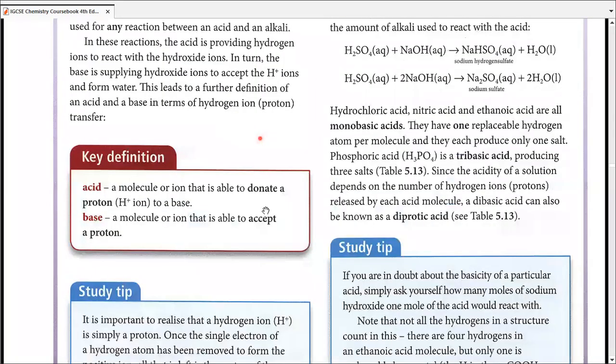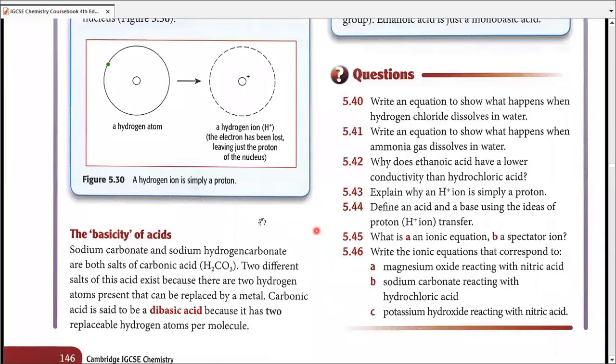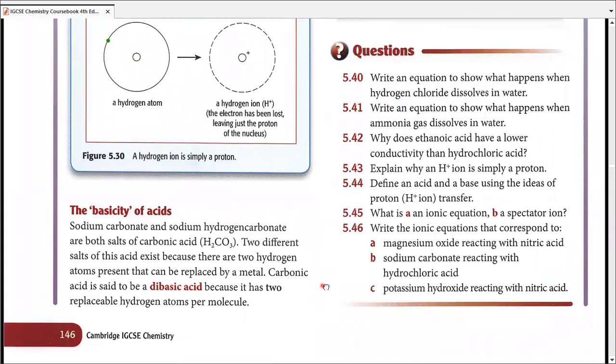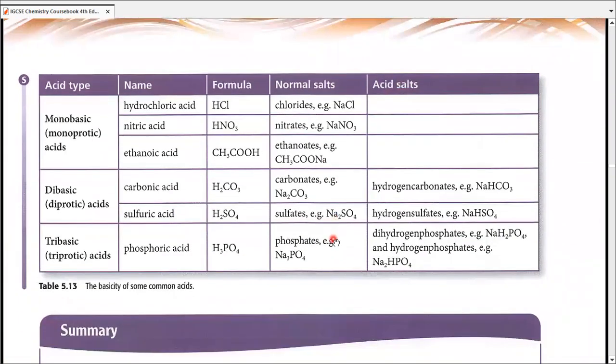And this definition has been asked hardly once or twice in past 10 years papers. So this has been a rare question, which brings us to another separate topic, basicity of acids. Not all the acids are good enough to give one hydrogen ion per molecule, which brings us to this big table 5.13 on the last page of chapter number 5.